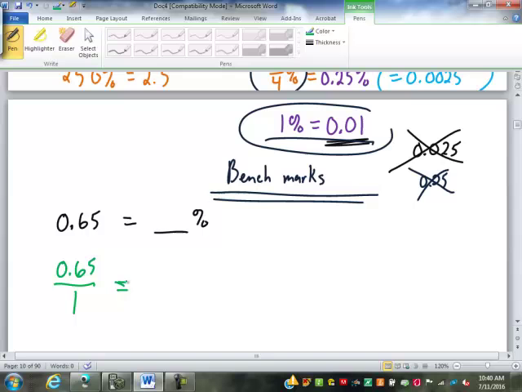Well, as a percent, what denominator does it have? 100. So to convert that percent, I have to multiply by 100 on top and bottom. So that's why when I go from a decimal to a percent, I am multiplying by 100, which means I'm just moving my decimal point 2 spots to the right. So 0.65 becomes 65%. Good.